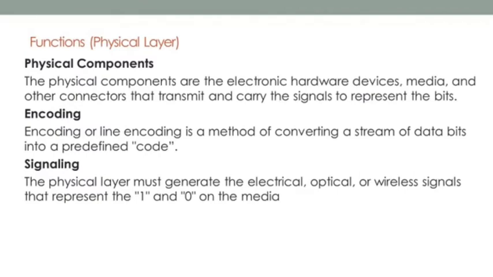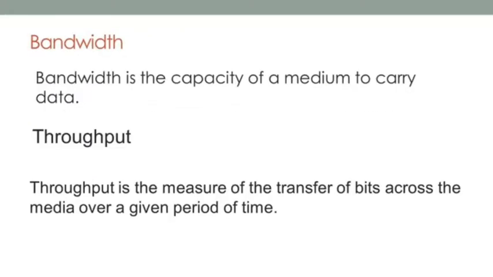The physical components are the electronic hardware devices, media, and other connectors that transmit and carry the signals to represent the bits. Encoding, or line encoding, is a method of converting a stream of data bits into a predefined code. Signaling: the physical layer must generate the electrical, optical, or wireless signals.